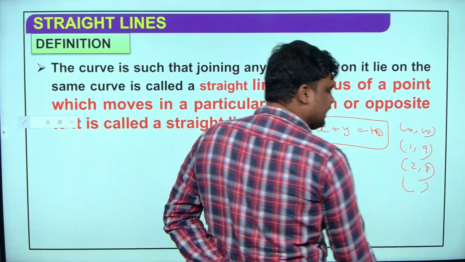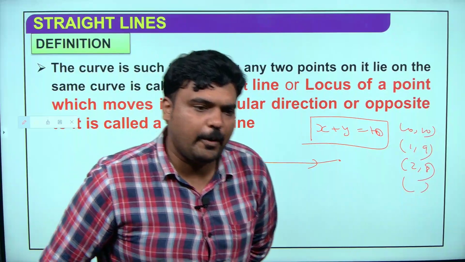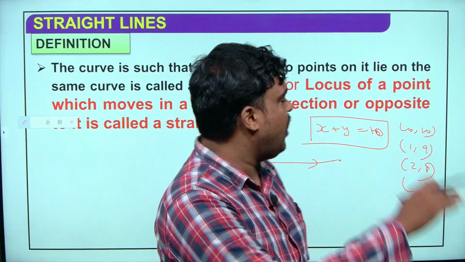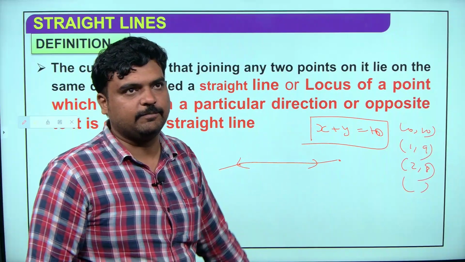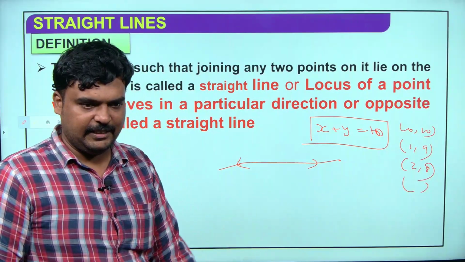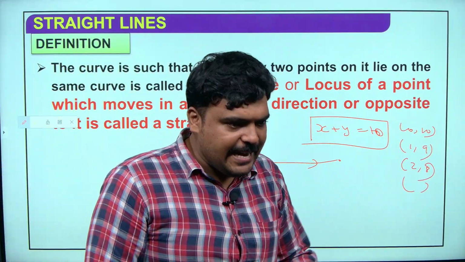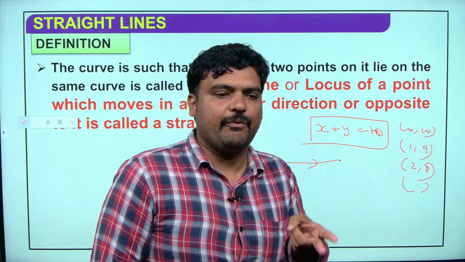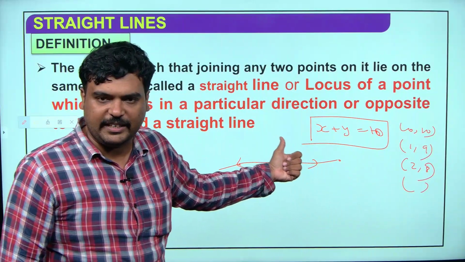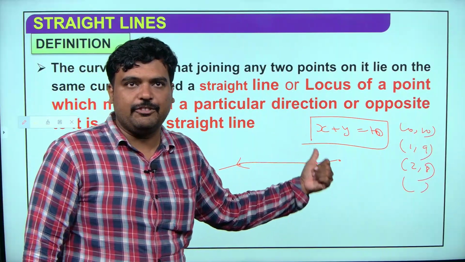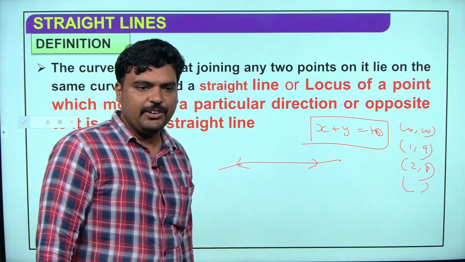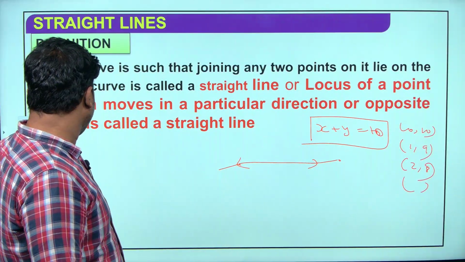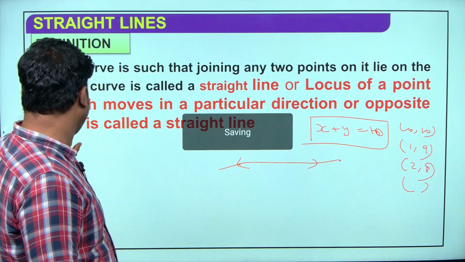So we will have infinite points. The line which connects all these points, we call it the line x plus y equal to 10. Now the line attributes will be given to you, and from that you are going to write the equation of line. So we are going to do that.